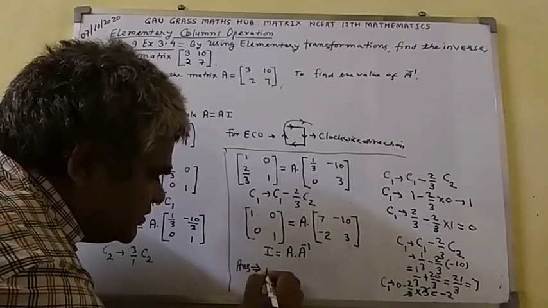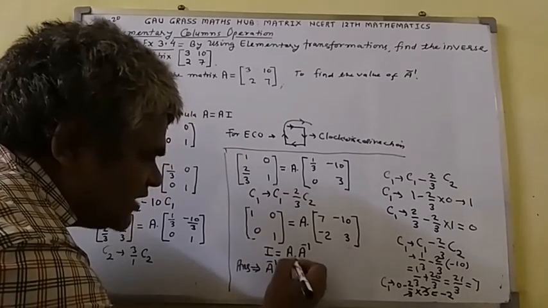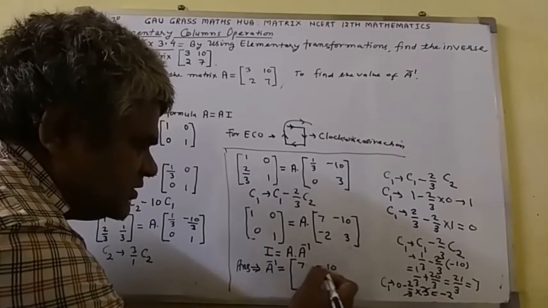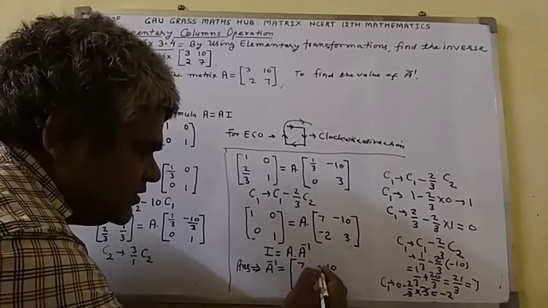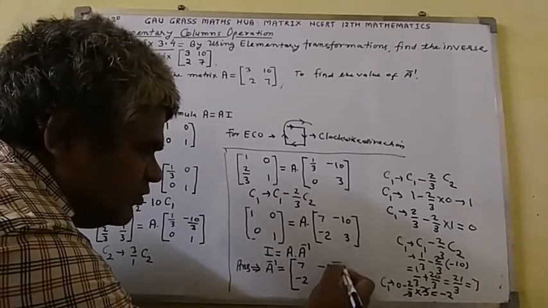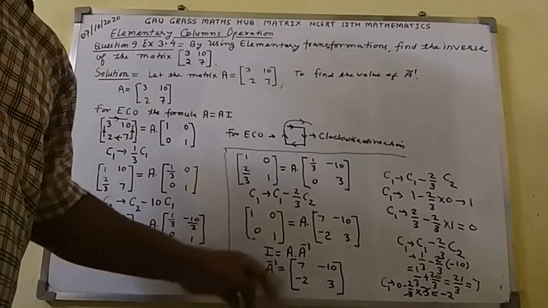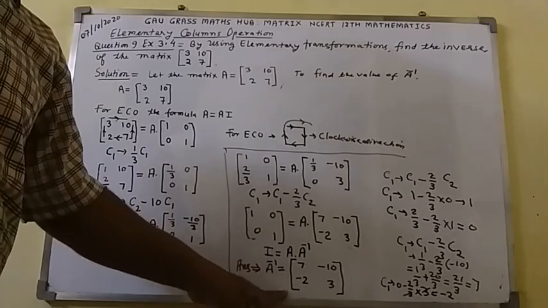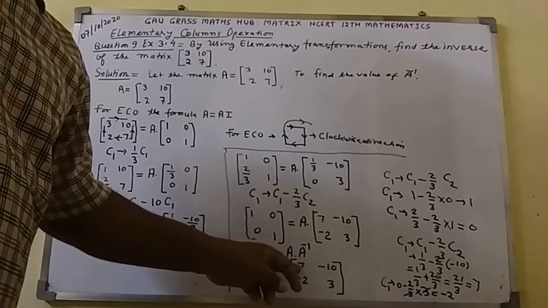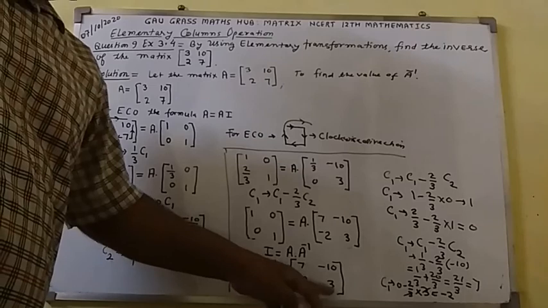Hence you can write the answer here. Answer: A inverse is equal to opening square bracket, the elements of the first row 7, minus 10, the elements of the second row minus 2, 3, closing square bracket.